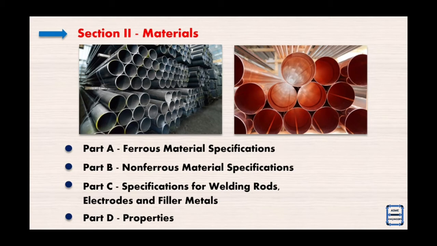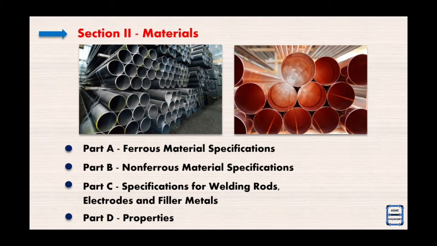Various ferrous materials like iron, carbon steel, stainless steel, and steels used for tools and dies are categorized in Part A. Next is Part B. Part B provides various non-ferrous material specifications like aluminium, magnesium, titanium and so on. Part C provides specifications for welding rods, electrodes and filler metals.